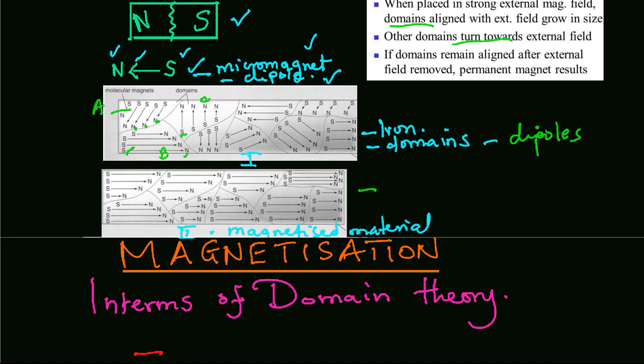That is to say, diagram 2 is a magnet. So if we compare the two, then we note that in one, the dipoles are arranged in a concentric manner, while in two, all the dipoles in all the domains face the same direction. And in such a case, the material is said to be magnetized.